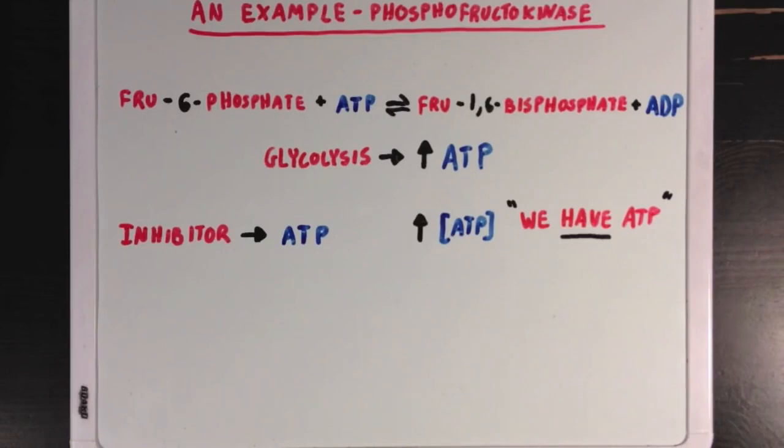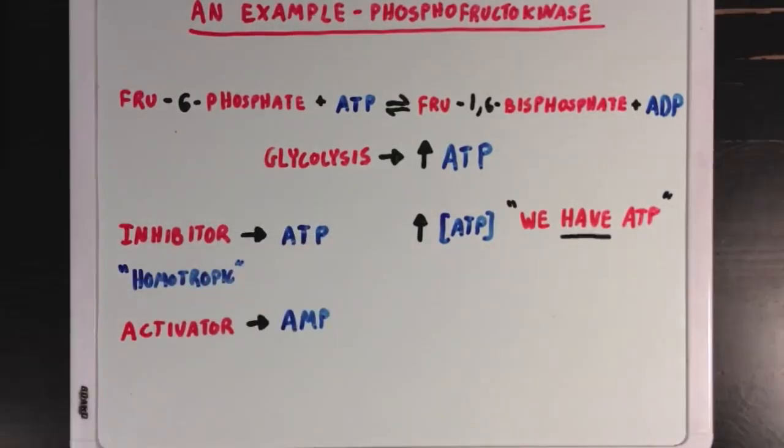Now, because ATP is both an allosteric regulator and a substrate for phosphofructokinase, we can call it a homotropic inhibitor, which is a new term, and we call it a homotropic inhibitor because the substrate and the regulator are the same molecule.